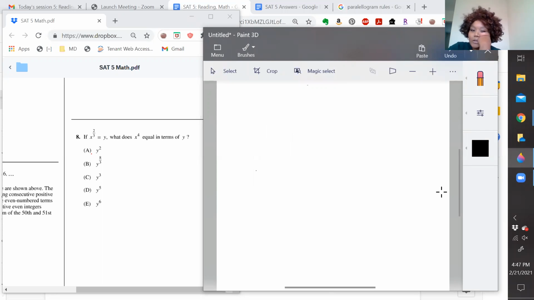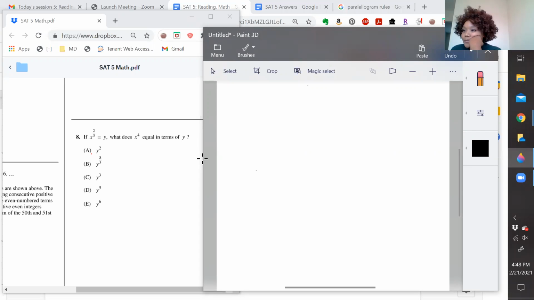What that means is that you're really just trying to see, so basically for every y, you have an x to the 2/3 power. That's what this means. If x to the 2/3 equals y, what does x to the 4th mean?